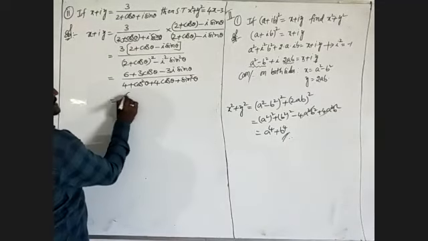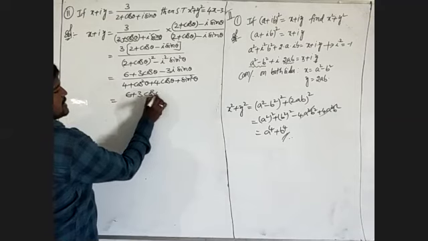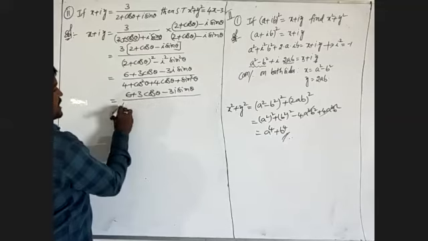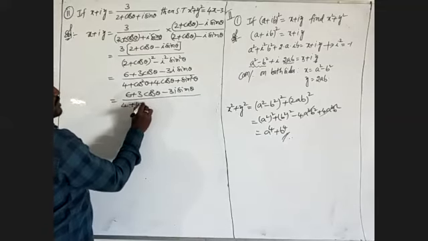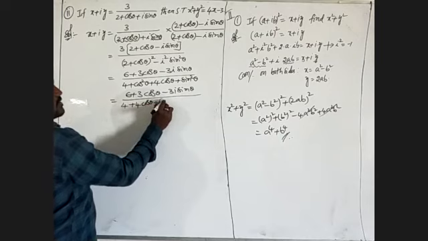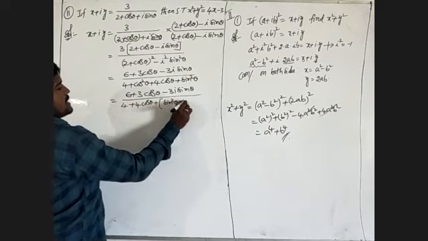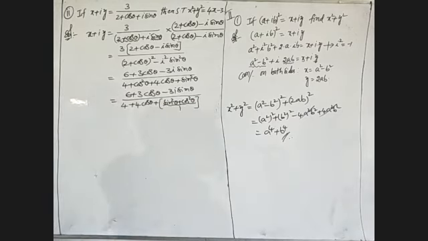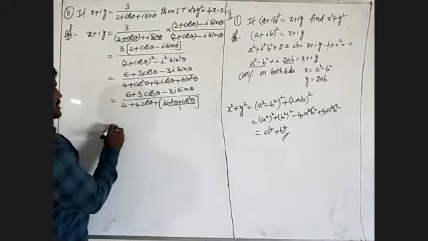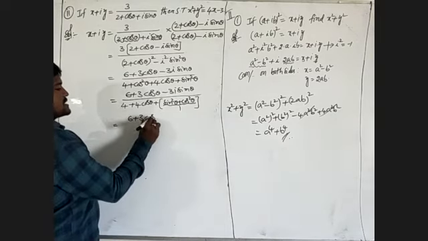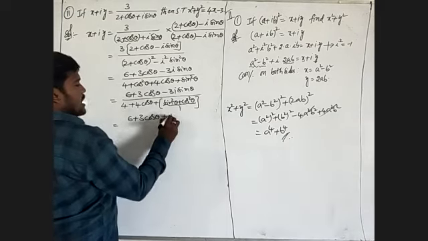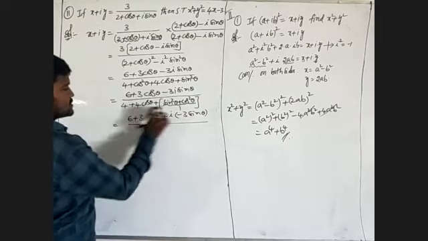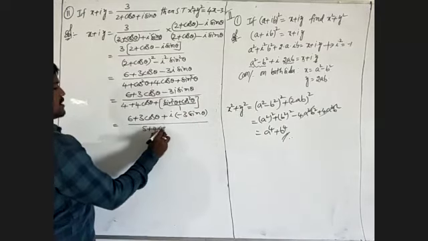This I have to write as 6 plus 3 cos theta minus 3i sin theta by the denominator 4 plus 4 cos theta, remaining sin square theta plus cos square theta. Already we know the identity sin square theta plus cos square theta becomes 1. That I write as 6 plus 3 cos theta plus i into minus 3 sin theta by 1 plus 4, which is 5 plus 4 cos theta.